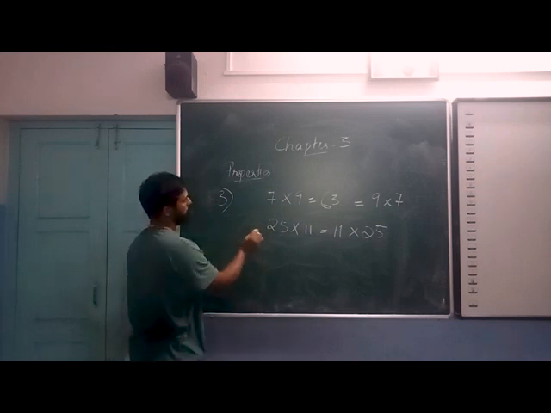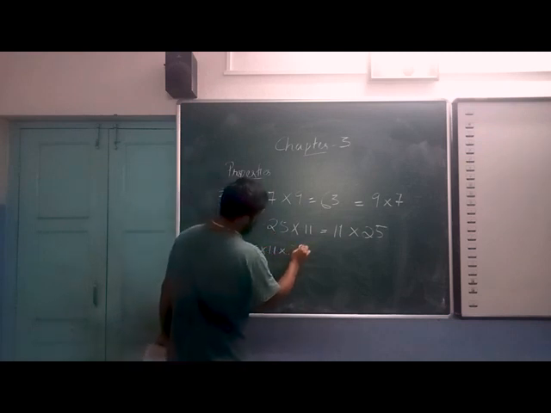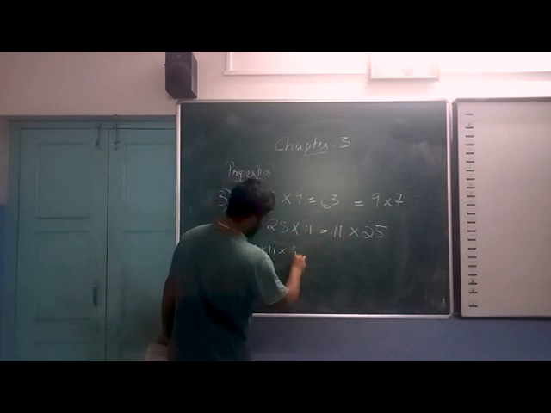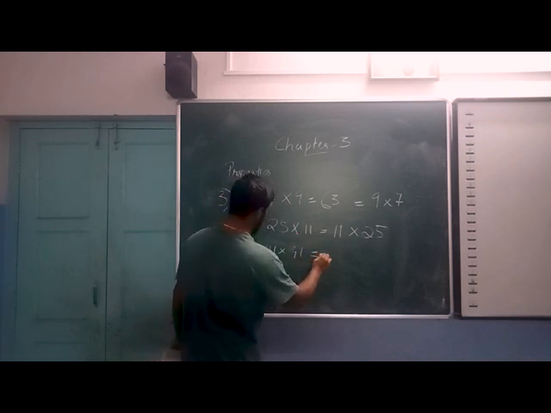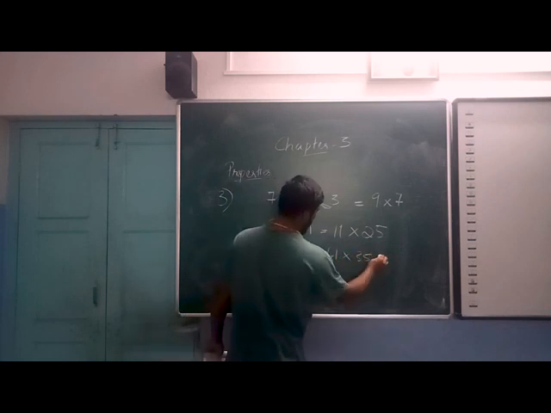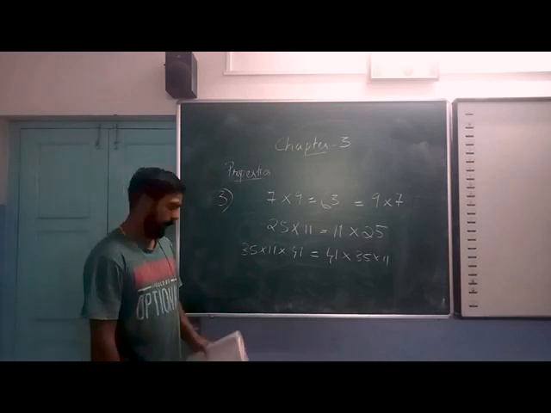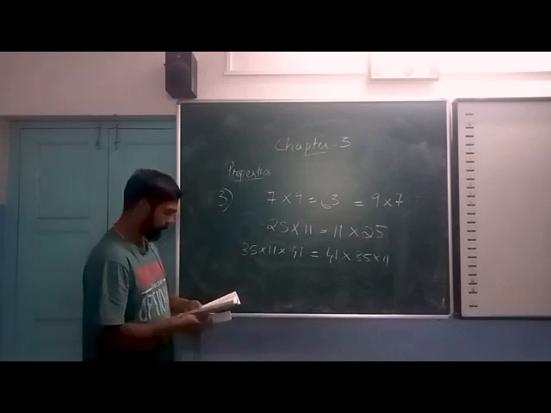Even if there are 3 numbers, let us say 35 into 11 into 41, it will be the same as 41 into 35 into 11 also. The answer will be the same even if you change the position.